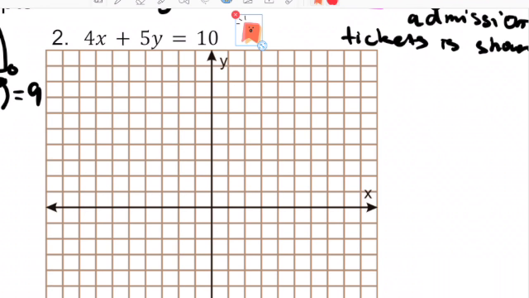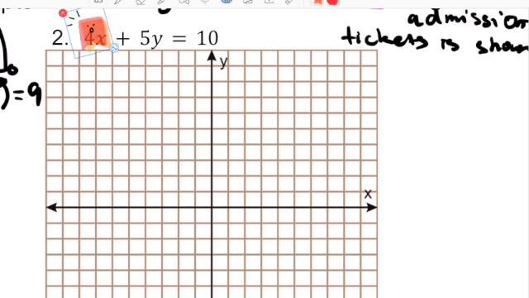And now I will show you another easy method to solve for the x and y intercepts of a standard form. So here's our second problem: 4x plus 5y equals 10. Now when we solve for the y-intercept, we can just cover the term where we needed to substitute the 0 in.